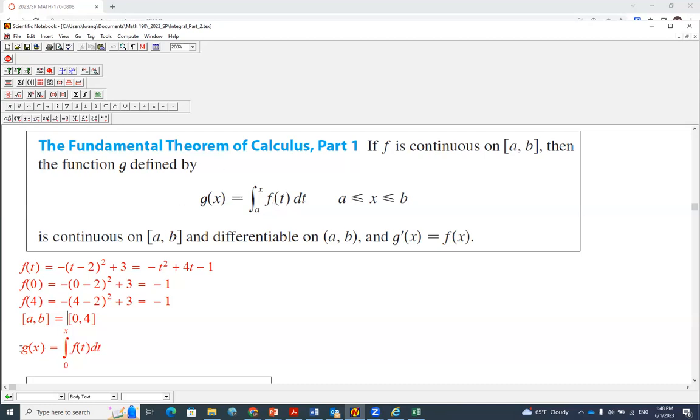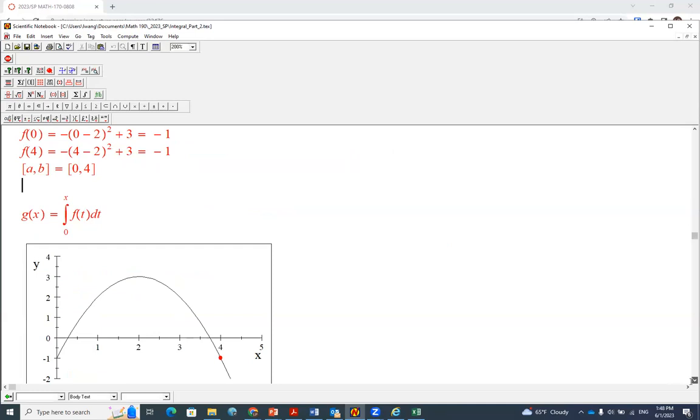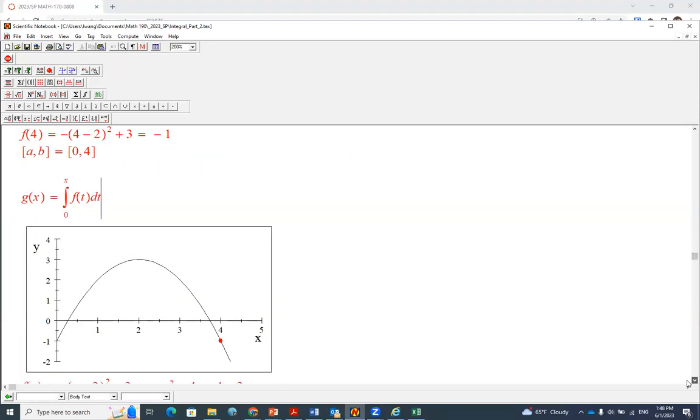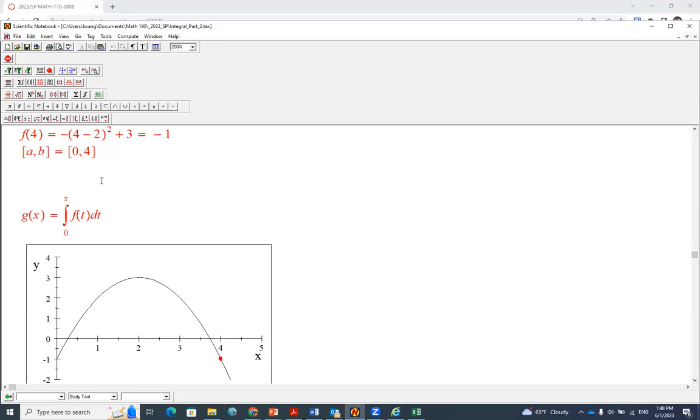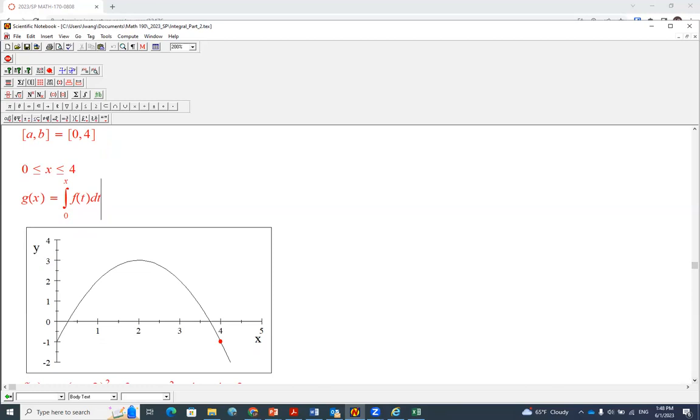G is constructed according to that definition: the integral from 0 to x, right? So we're integrating this function from 0 to x. We choose the x to be between 0 and 4.